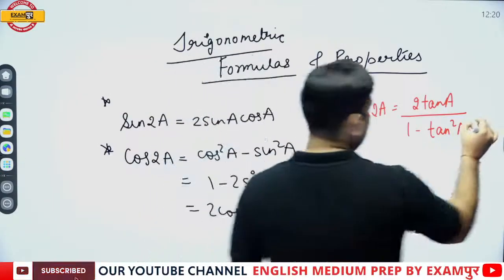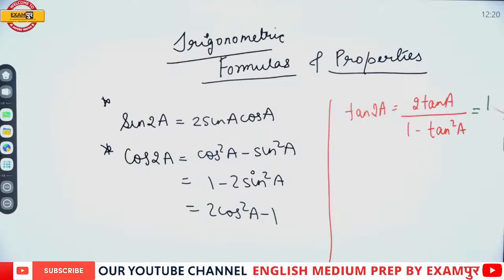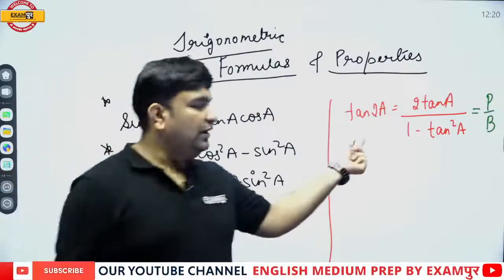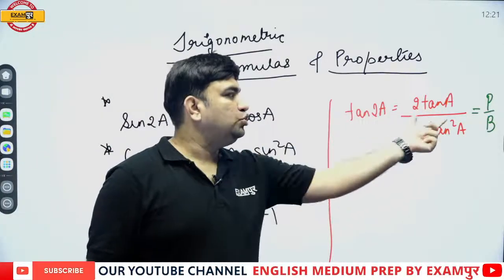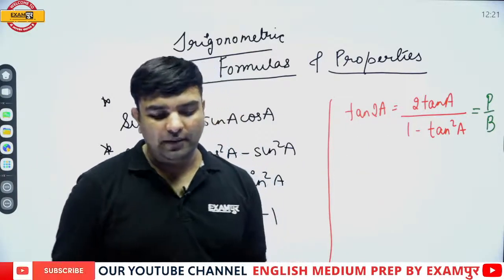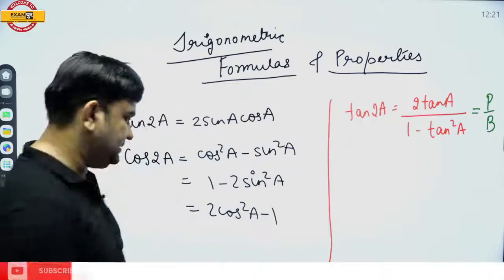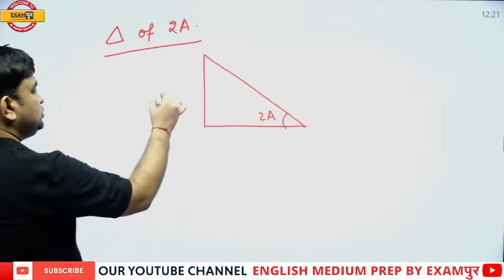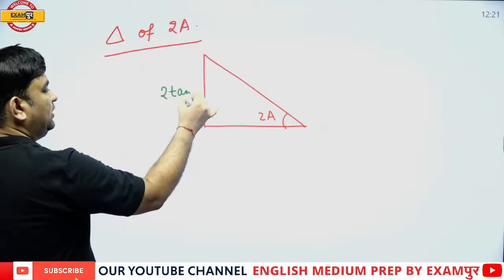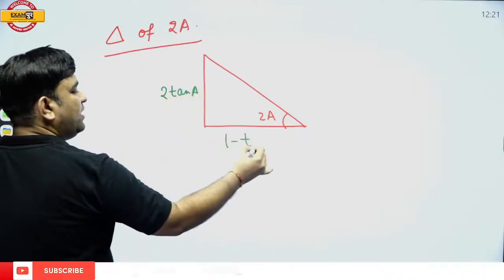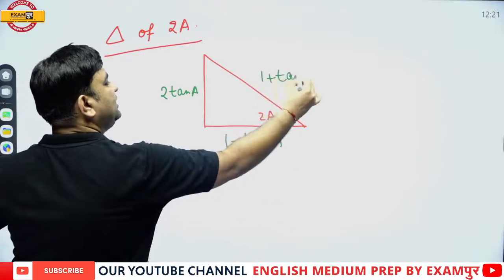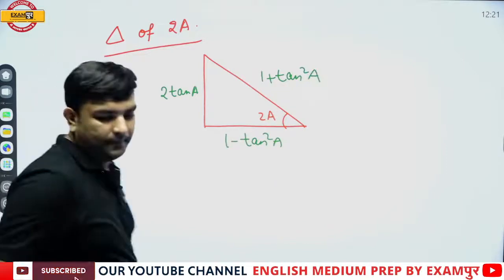So can I say, sir, this is my perpendicular and this is my base? 2 tan a is my perpendicular if I draw the triangle of 2a, and 1 minus tan square a is my base. So 1 plus tan square a is the hypotenuse.